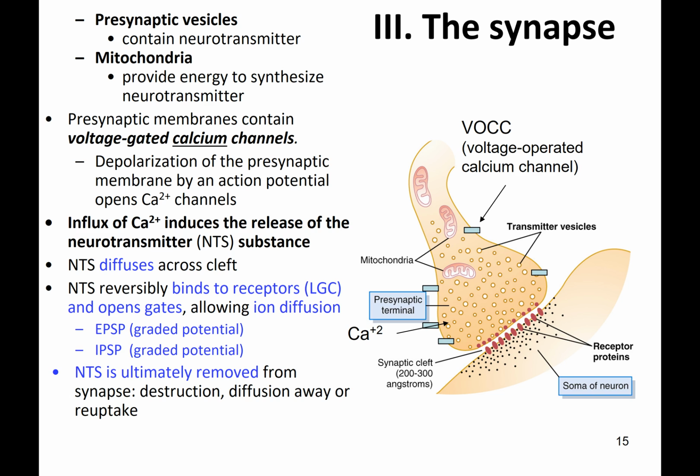In the terminal bouton, not only do we see synaptic vesicles, we see organelles, most notably mitochondria. So the mitochondria not only are generating ATP to fund the cellular energy required by the sodium-potassium ATPase that maintains the sodium and potassium electrical and chemical gradient, but mitochondria also act as a sink, like a drain.